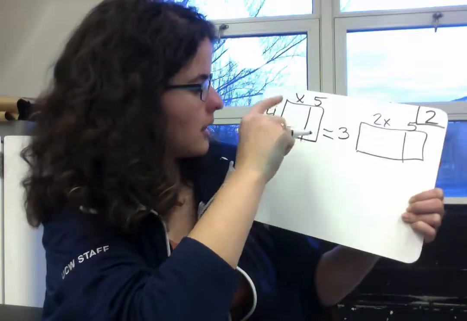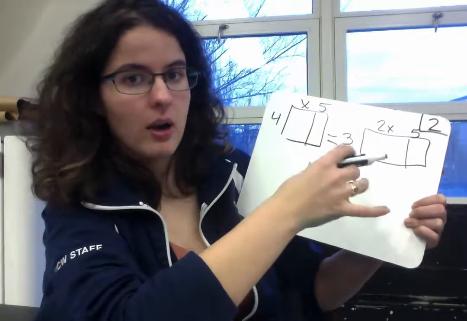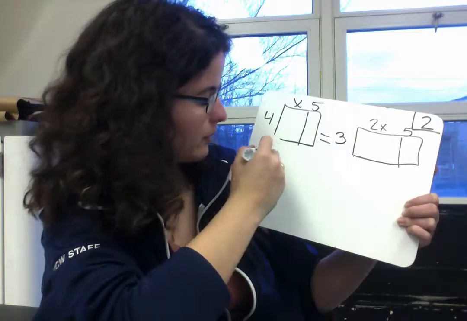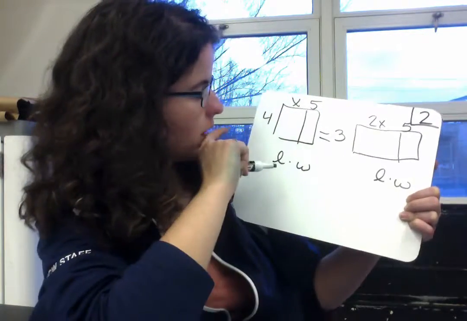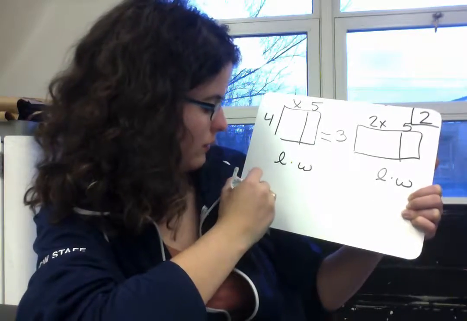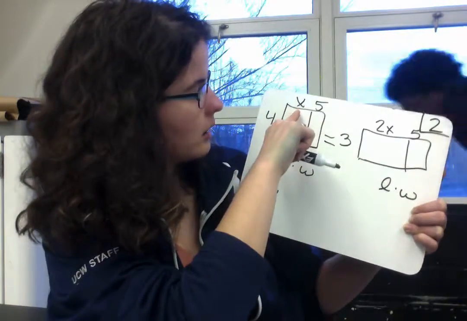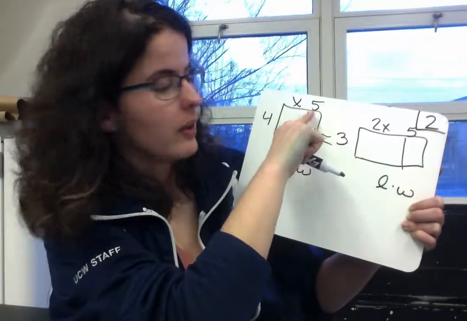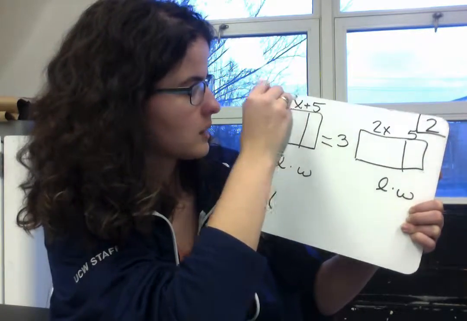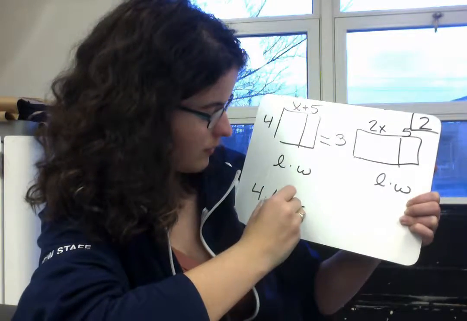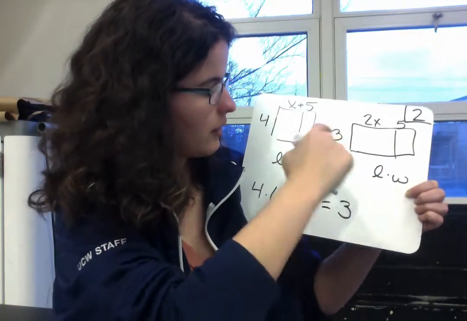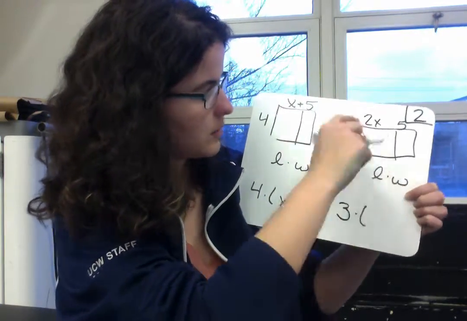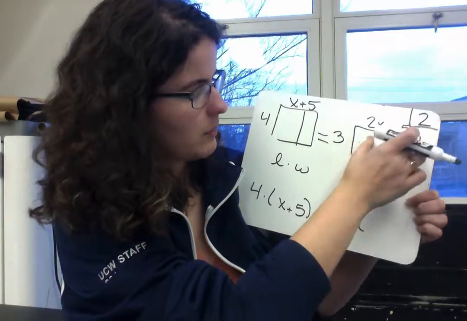So looking at this, if I wanted to be thinking about area as length times width, well, I could say I have a length of 4, and I have a width of x and a width of 5, and putting those together, it would be x plus 5. And that needs to be equal on this side to a length of 3 times 2x and 5 combined.